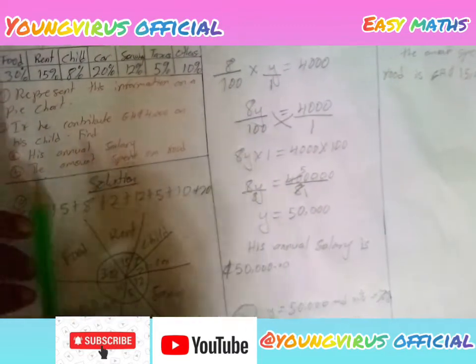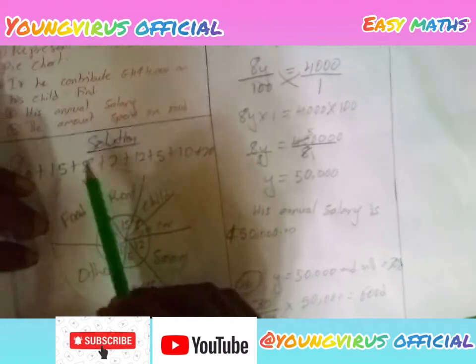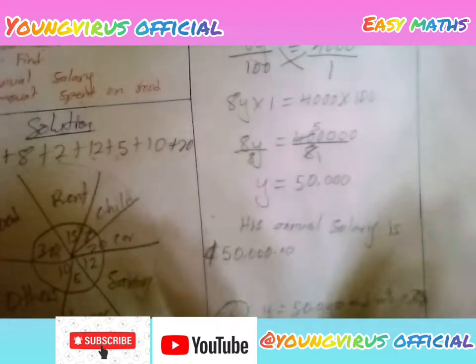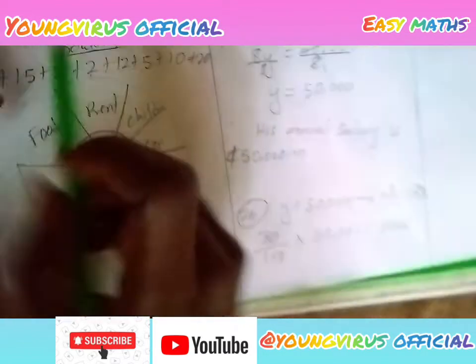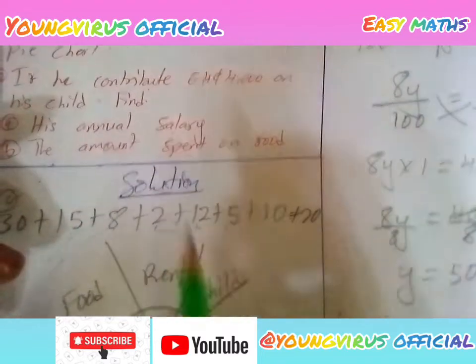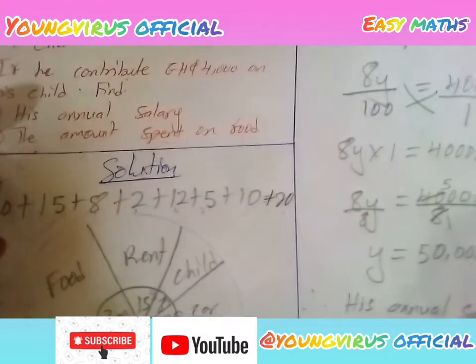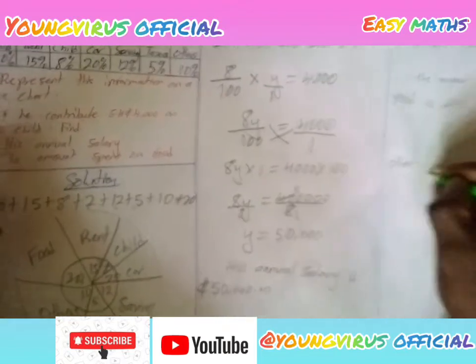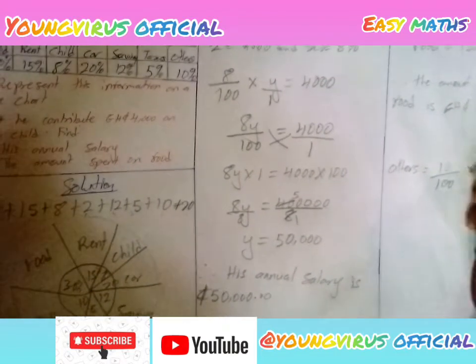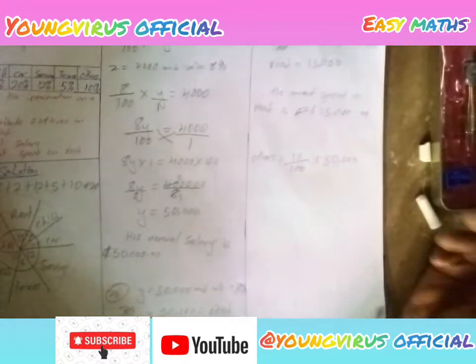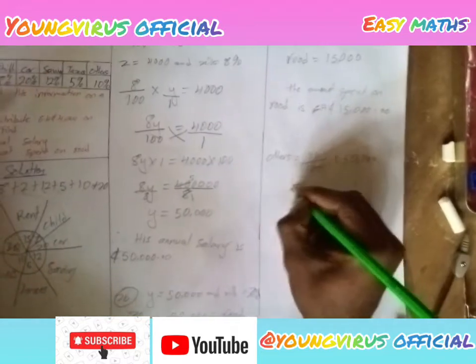Then from there we're asked to solve for the amount he spent on food. The same way as we solved for the amount spent on food, we can use the same way to solve for the amount spent on the rest of the other things, because they are in percentage. Let's try solving for others. So others will be equal to 10 over 100 times 50,000, since 50,000 is the amount of his annual salary.